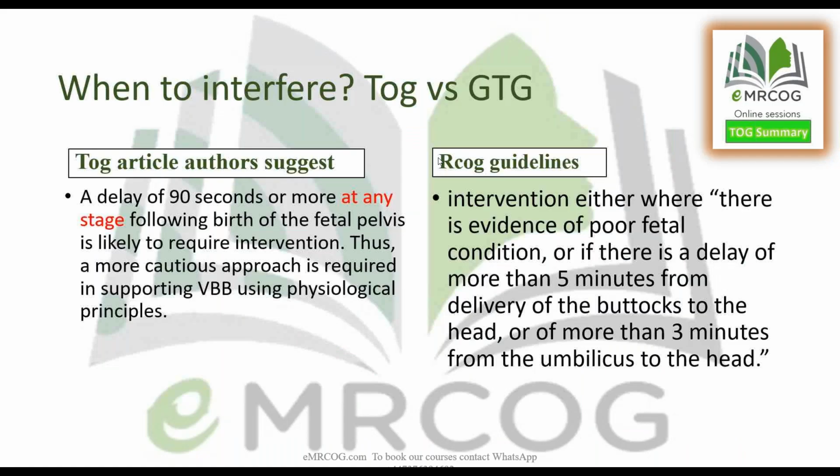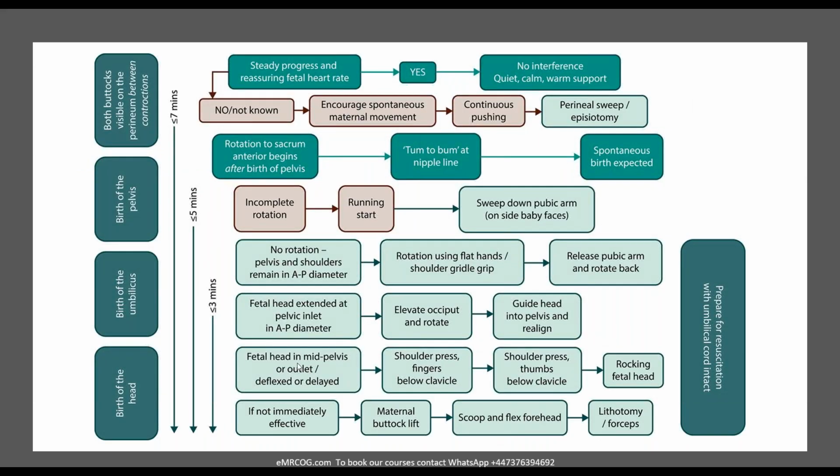Then, I'm sorry, if the fetal head is in the mid-pelvis or outlet, then deflexed or delayed, so the head is entrapped, or it's an aftercoming head. If it's the aftercoming head, then apply shoulder pressure below the clavicle and try to rock the baby's head, which is very effective.